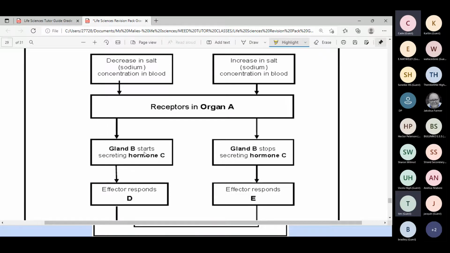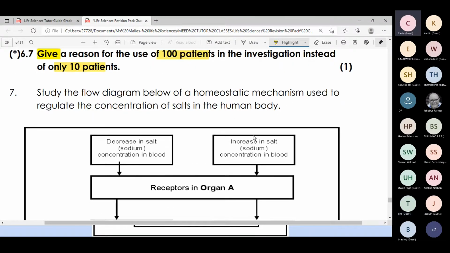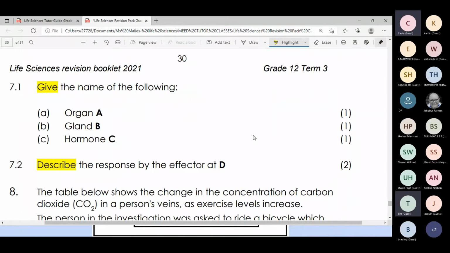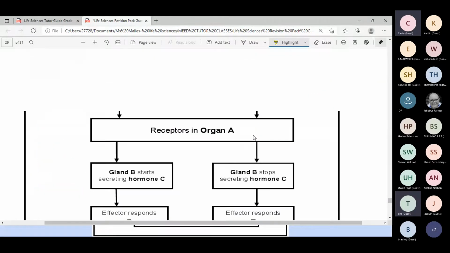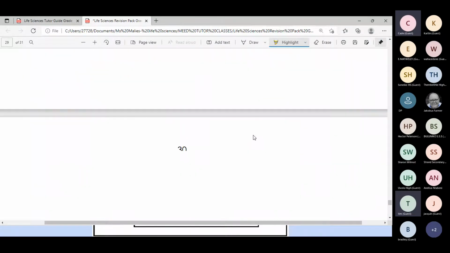Wherever you see something that you need to write down, like what is gland B, what is hormone C, what is the effector response E, write it down on your diagram so that when we get to the questions on the next page, you are equipped. Remember, if we analyze or label our diagram beforehand, then the questions are easier.